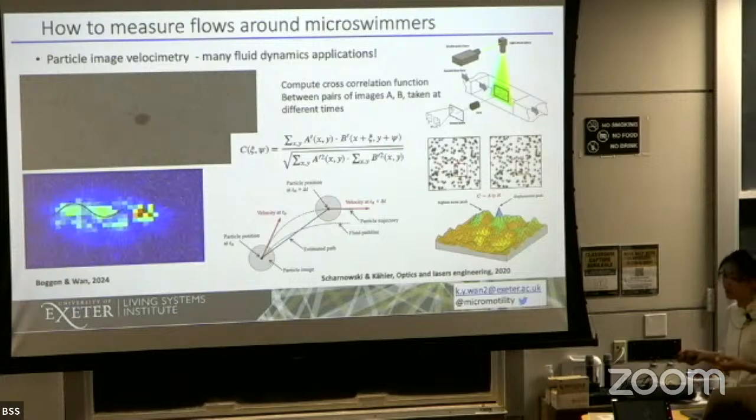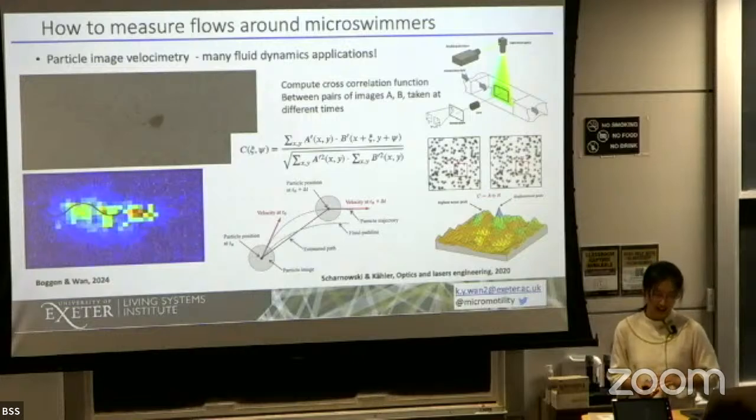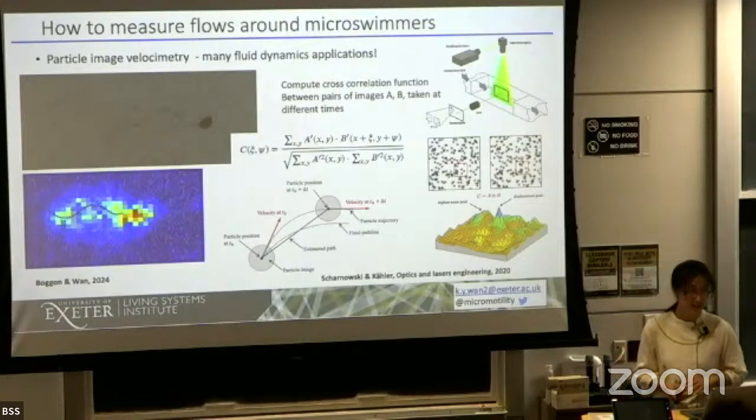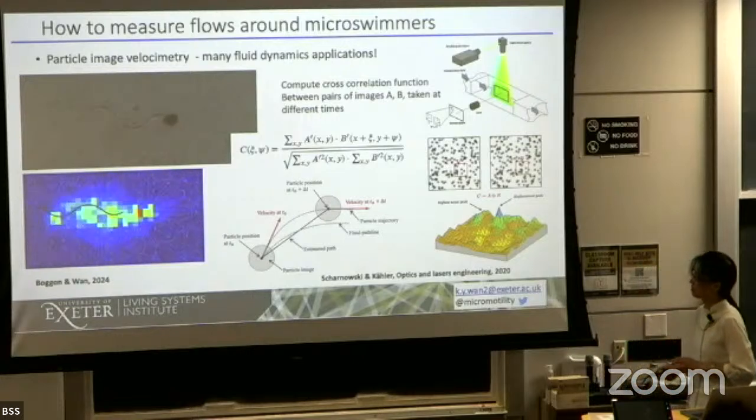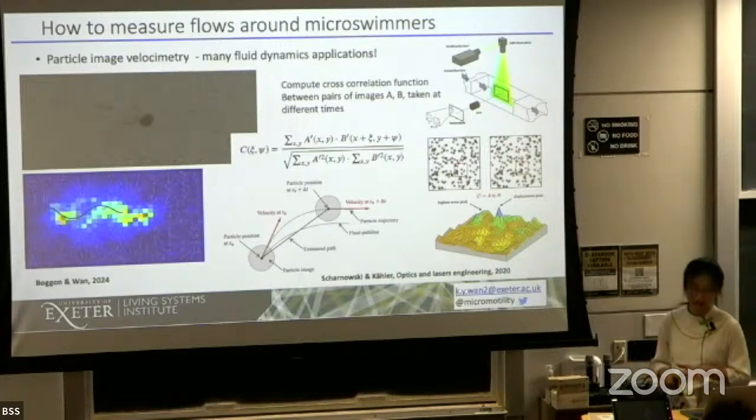You can think of these images as surfaces in 3D, because you have an intensity value at every spatial position in X, Y.